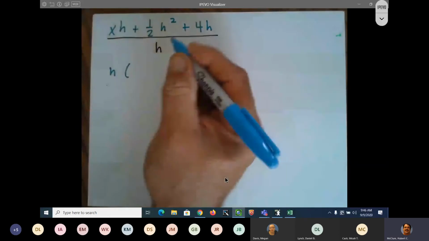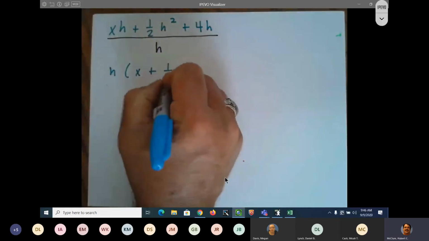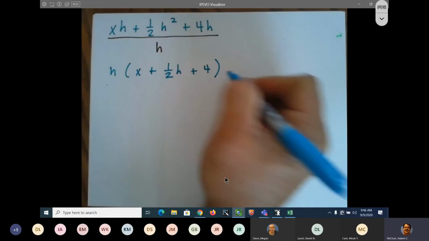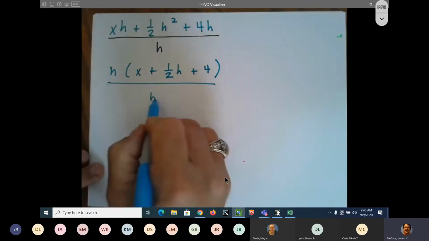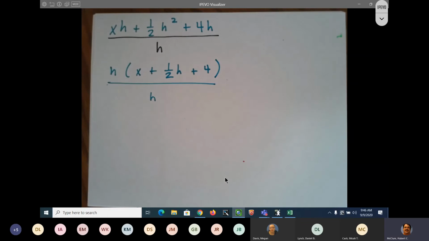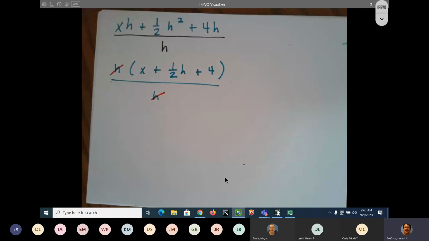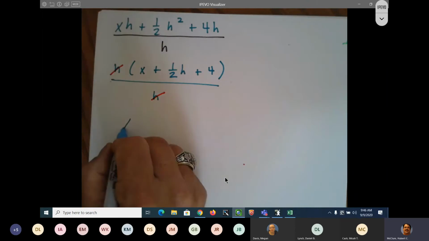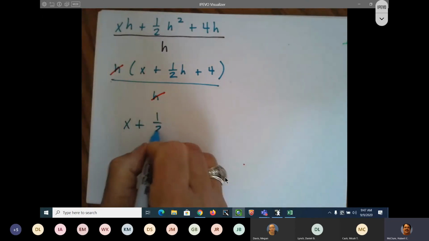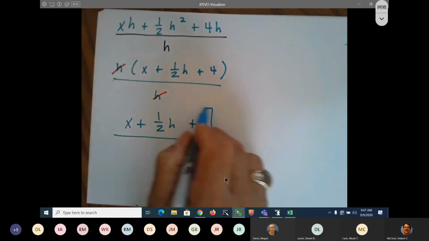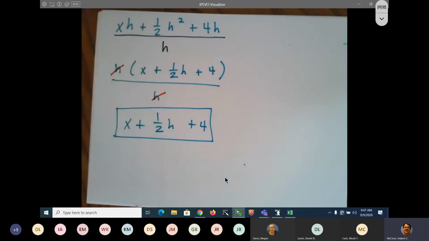That's going to leave x plus 1/2 h plus 4 over h. And our red pen comes in and takes that out. Your answer should be x plus 1/2 h plus 4, unless I've made a careless mistake somewhere.